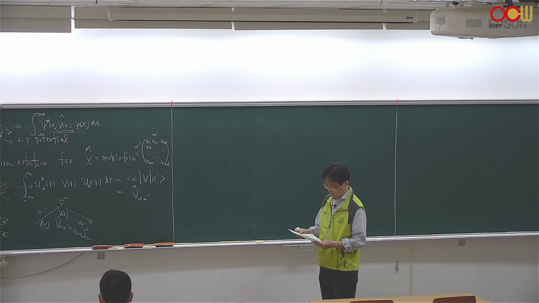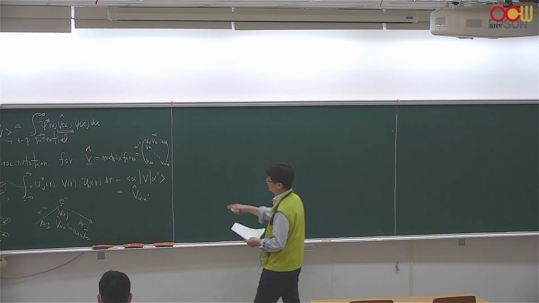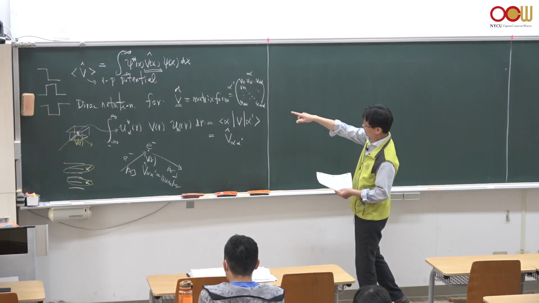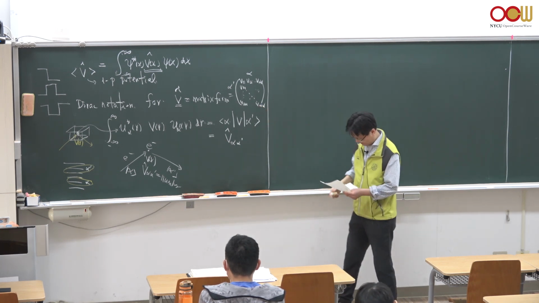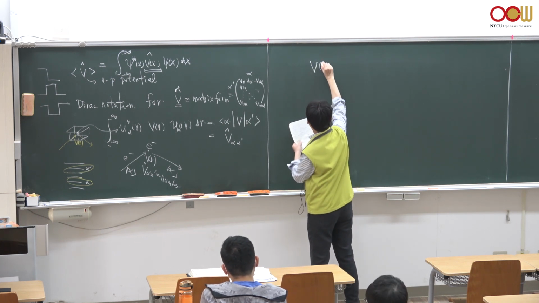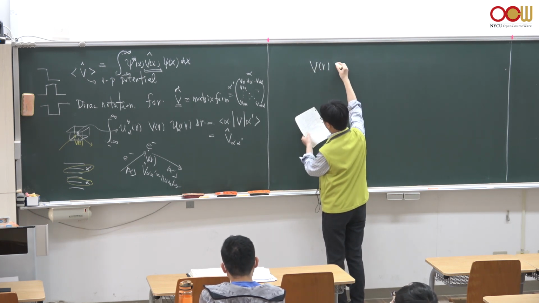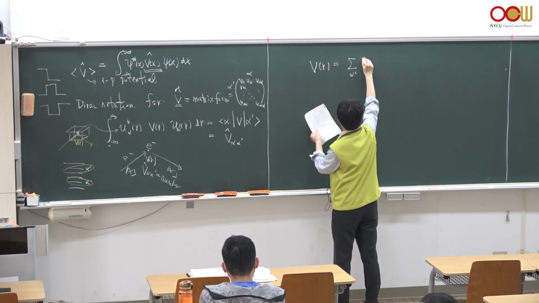So now I could simply, again, use the Dirac notation to rewrite this V in terms of that matrix. So what is this matrix? Well, let's play the magic. By using the Dirac notation, we could simply use the completeness theorem.